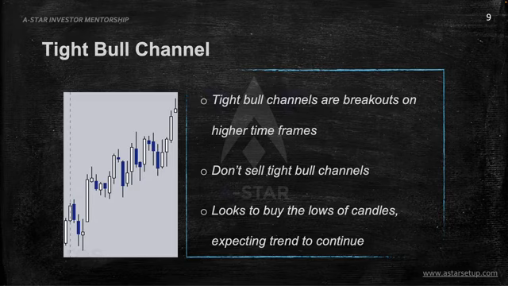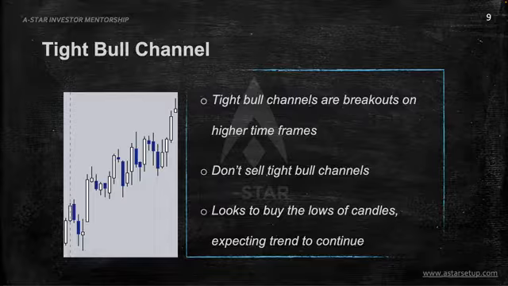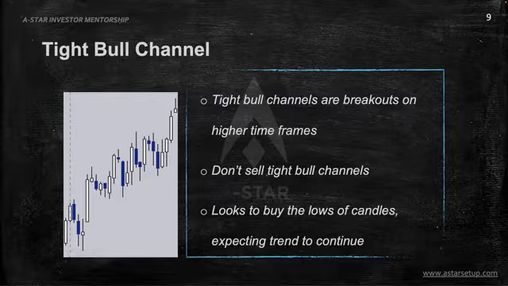During tight bull channels, because it is a breakout on the higher time frame, you also don't want to be selling. The same way you don't want to be selling a bullish breakout, you also don't want to be selling a tight bull channel.